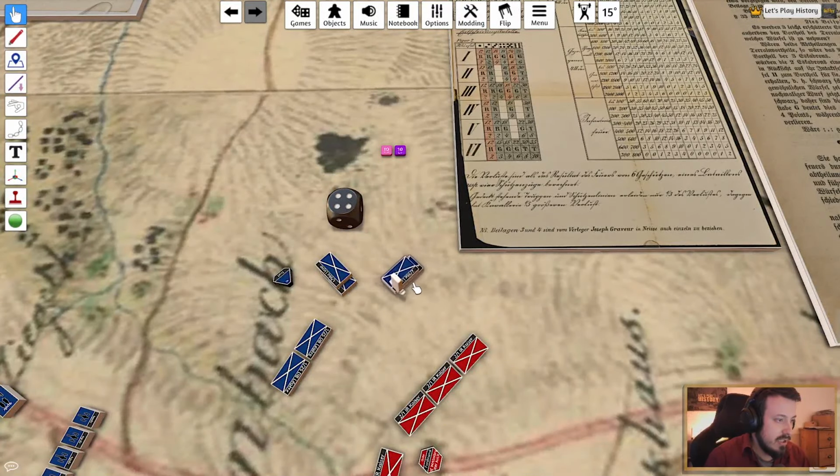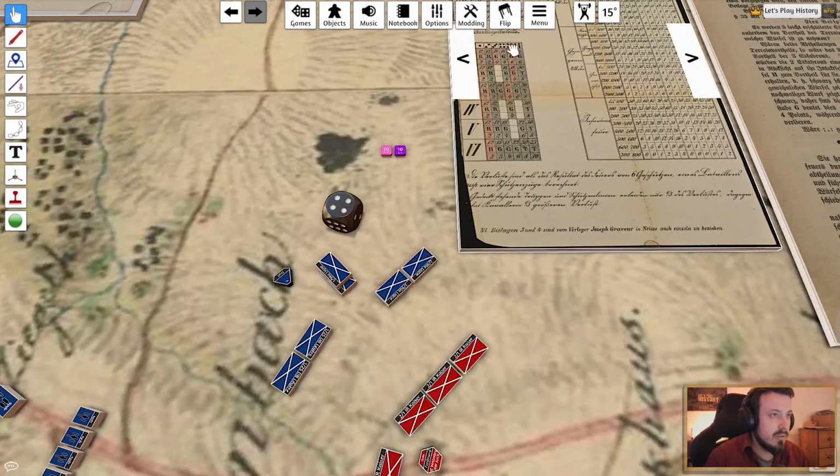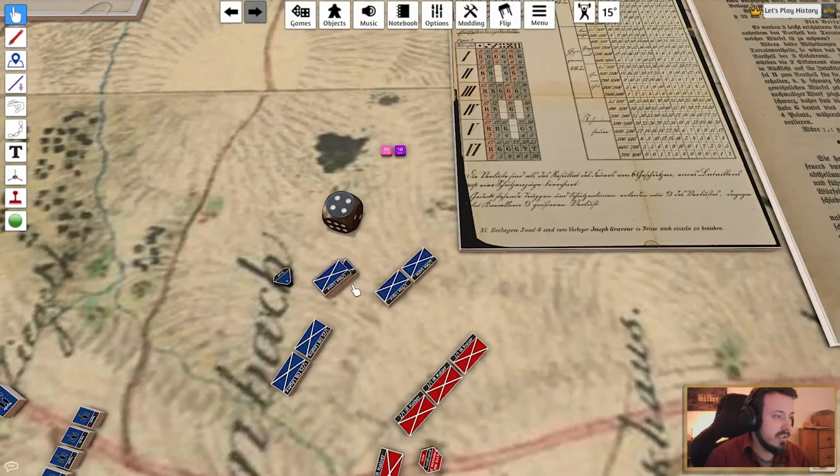They stop here and deploy, which takes them 2 minutes, and next turn they will open fire. So the assault failed, starting with die number 1, rolling a 4, and they stop immediately. You can see it's very difficult to actually get into close combat.